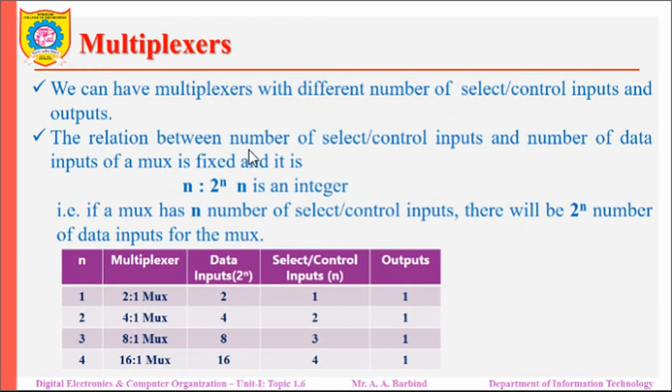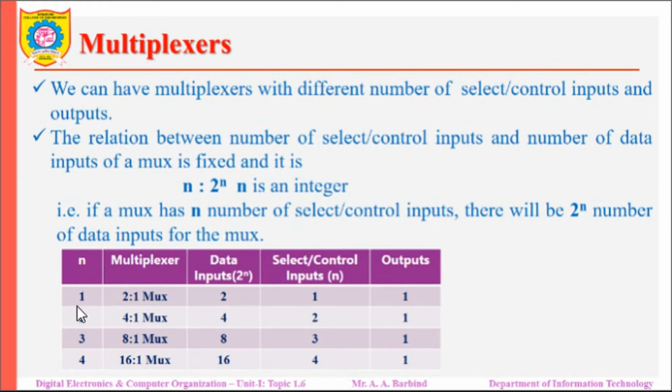The relation between the number of select or control inputs and the number of data inputs of the multiplexer is fixed, and it is n to 2 raised to n, where n is an integer. That is, if a multiplexer has n select or control inputs, then there will be 2 to the power n data inputs for the multiplexer.